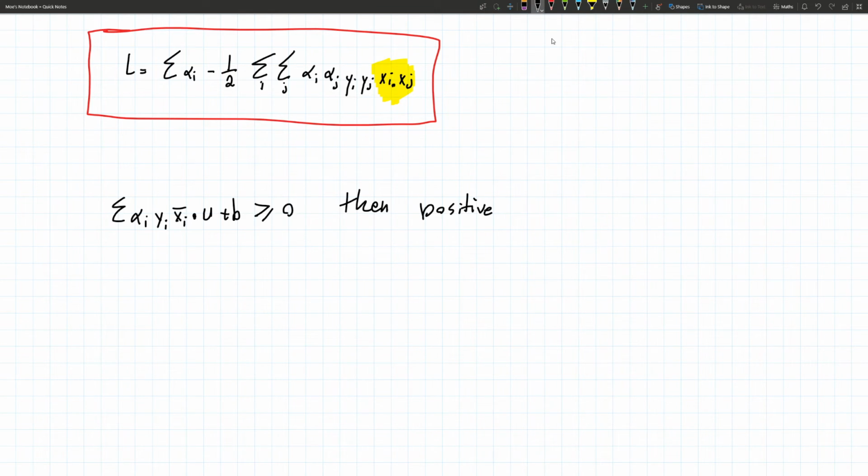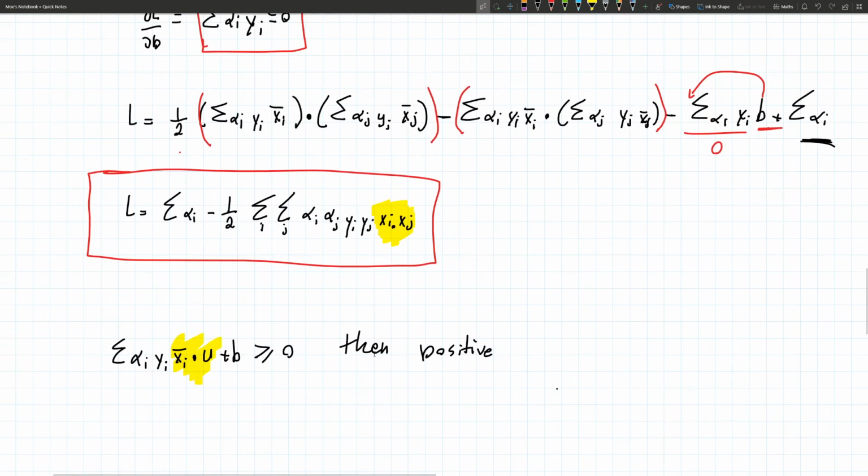So the decision rule depends on the dot product of the sample vectors and the unknown vector.